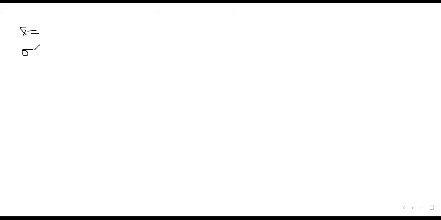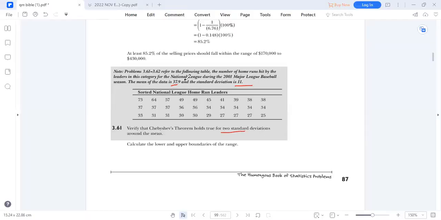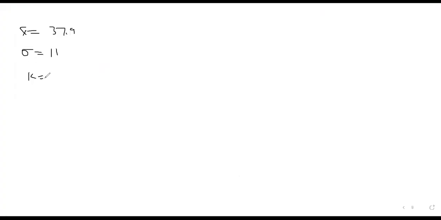We've been asked to verify Chebychev for 2 standard deviations. So for 2 standard deviations, our K is 2.